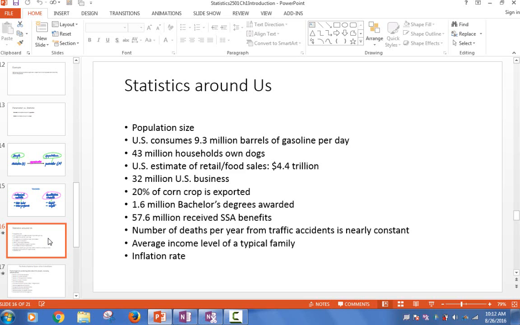And also the inflation rate. So it's clear why you would care about the inflation rate. For example, I care about it because when I see the inflation rate is 2-3% and my income is not going up by that, right? That would be a bad indication of the situation. So the average income level of a typical family, I don't exactly know, but I can sort of give you the percentile.